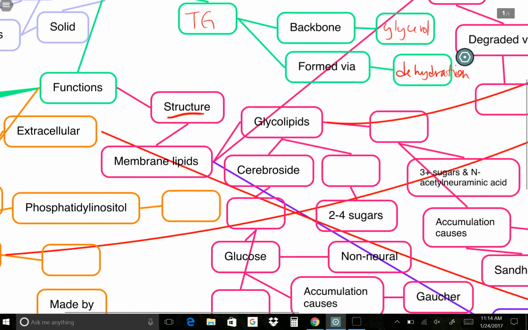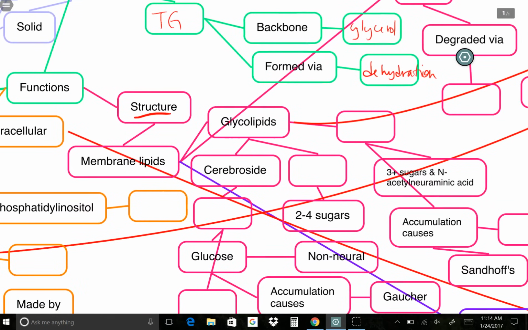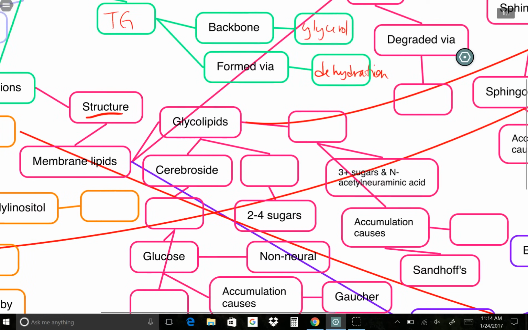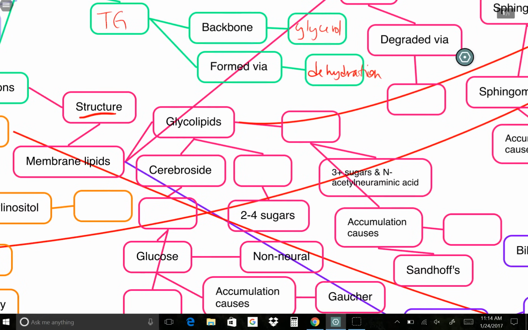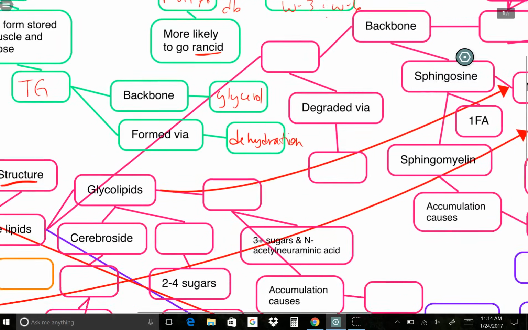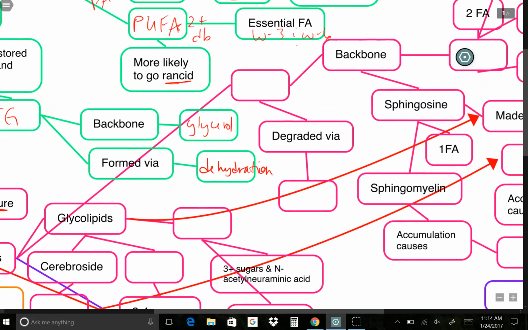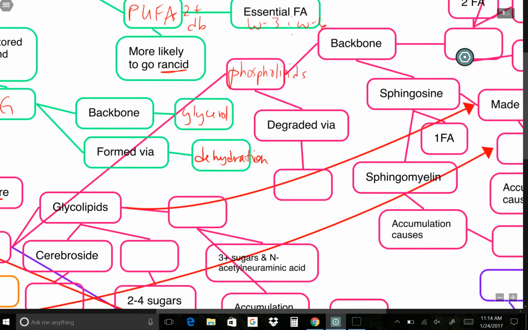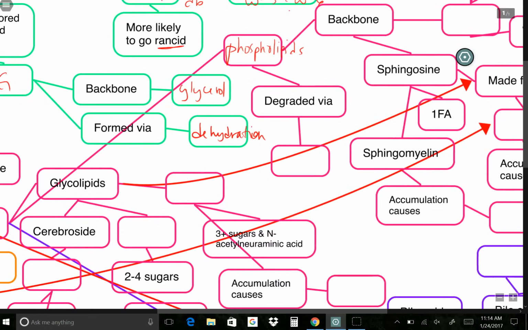Structure's next. With structure, we have our membrane lipids. The membrane lipids could be glycolipids, or if we scooch up here, we have our phospholipids, or the main type. Phospholipids are going to be degraded via phospholipases.